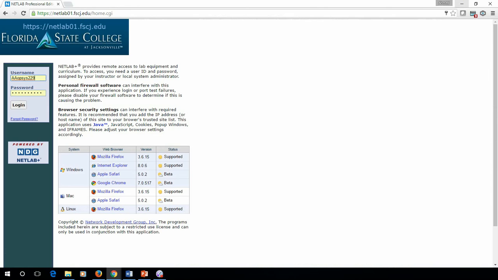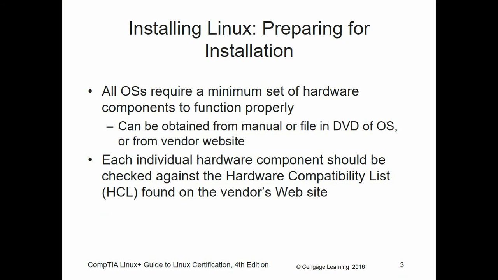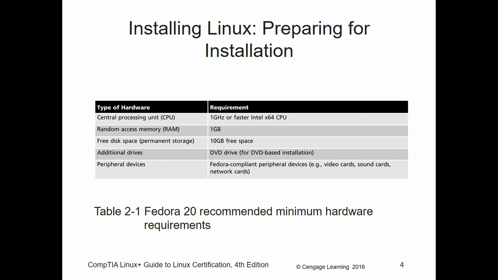So quickly, to have an idea about what we need to prepare for Linux to be installed. Linux, as we said, is just like any other operating system. It requires a minimum set of hardware components to function properly, like at least 1 gigabyte of RAM, at least a 1 gigahertz processor or faster, and at least 10 gigabytes of disk space.